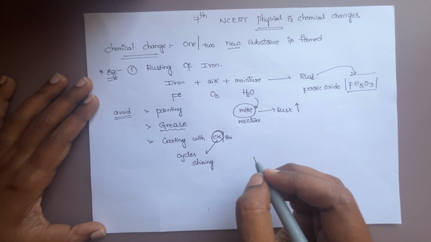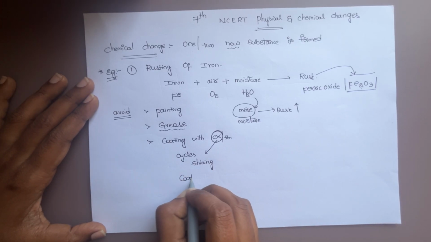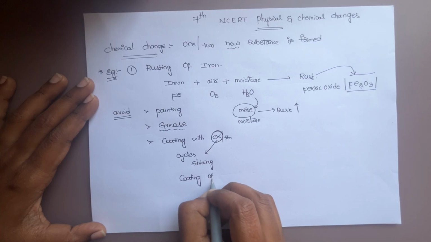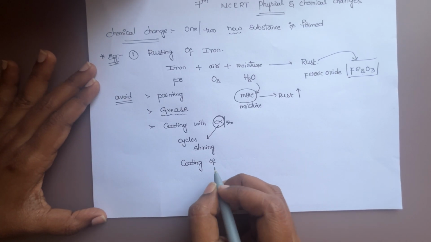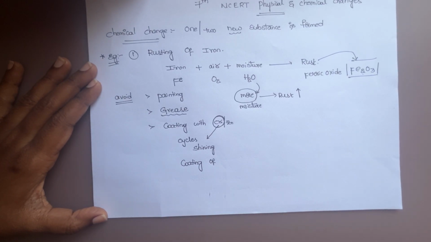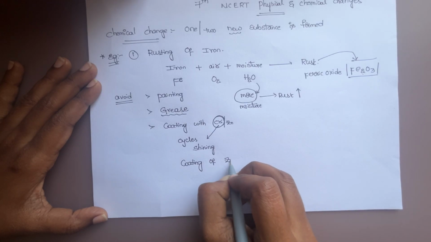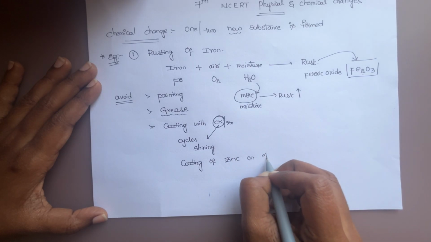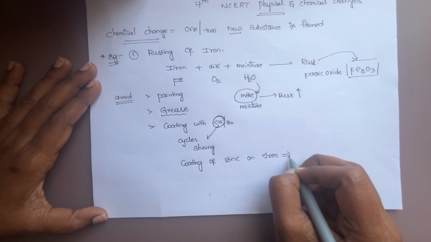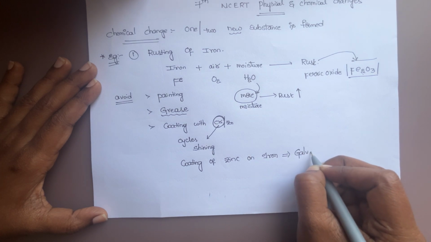But the second one is coating of zinc, a very important competitive exams question. Coating of zinc on iron is called galvanization.